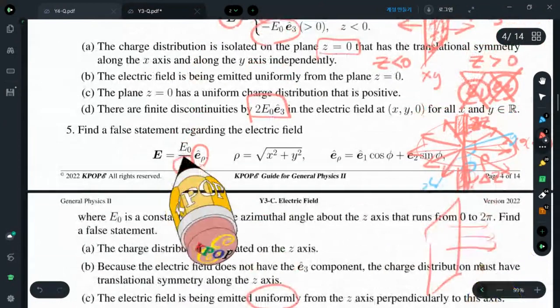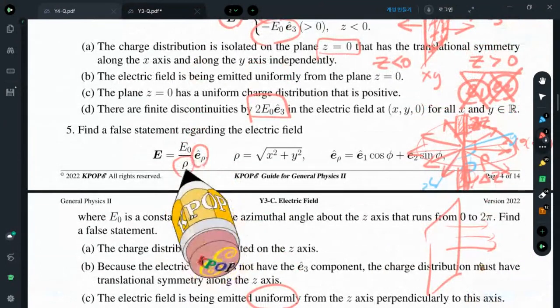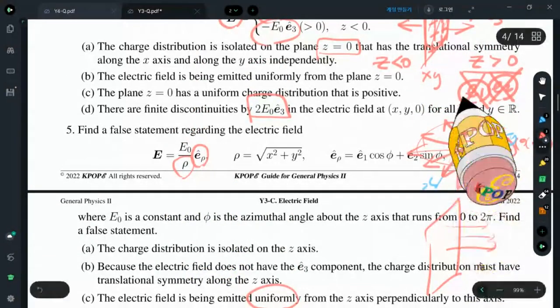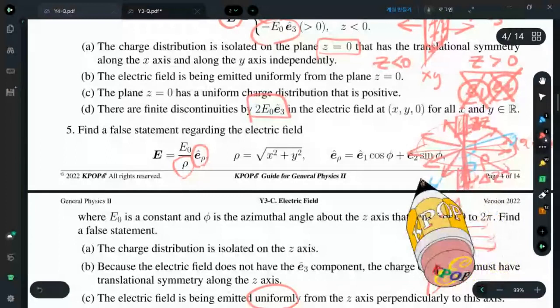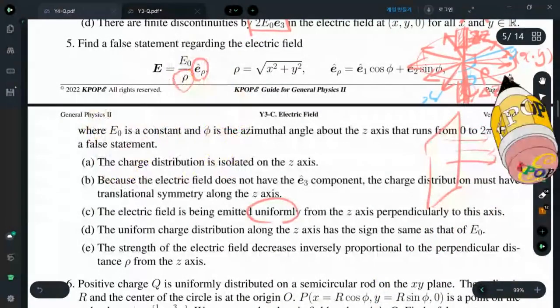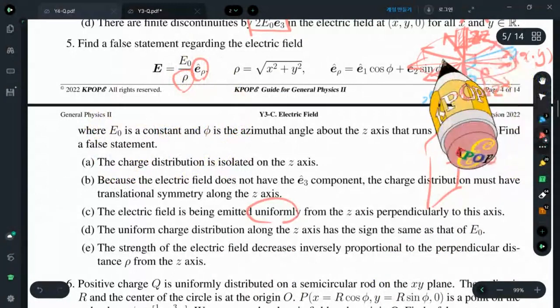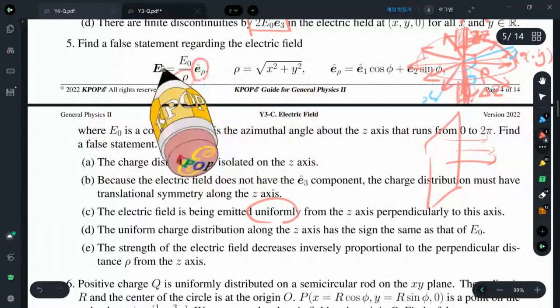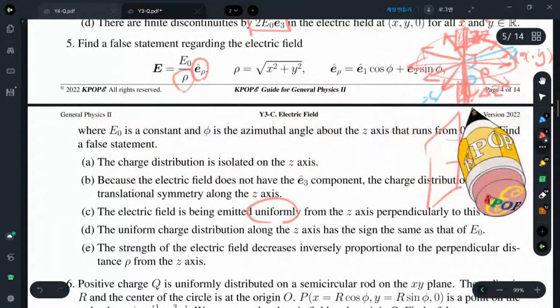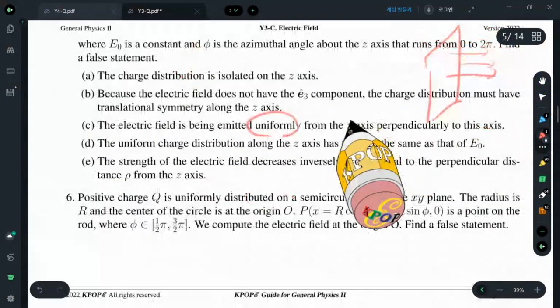Sure, if E0 is negative, it should converge to the z-axis. So we have assumed that E0 is positive so that it diverges.